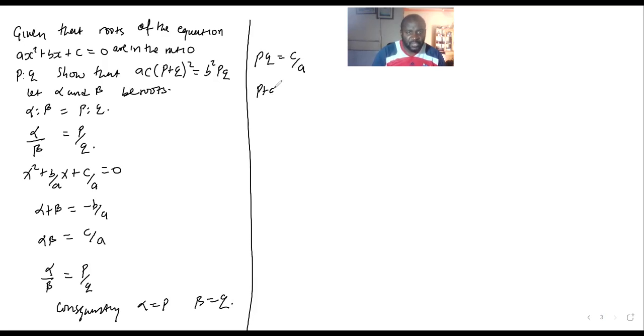Then P plus Q is equal to negative b out of a. Now you can see that aPQ is equal to c. You can make a the subject, which is a equal to c out of PQ.